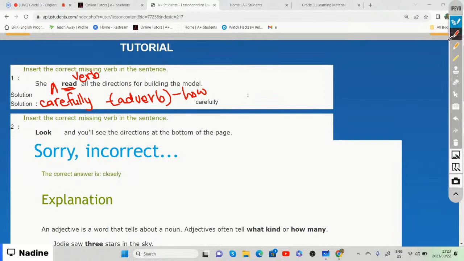So we can basically say how she read the directions.